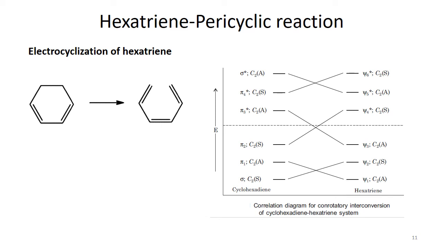So if we consider the ring opening reaction of these cyclohexadienes, then how do these reactions go on? This is why we are considering it. It is because these reactions are exactly correlated with the previous example. So in this case, the reactants are the products of the previous example.